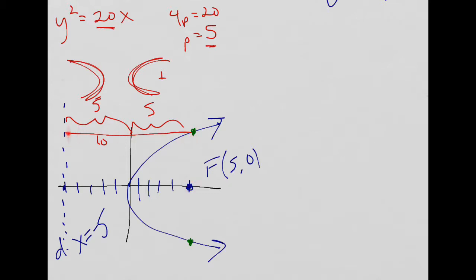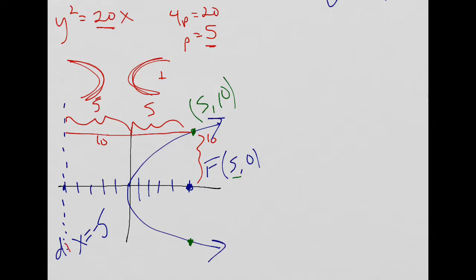So since that's 10 and I know what it is, I know that this guy is 10 as well. So if I wanted to put the coordinates of that point right there, I know it has the same x coordinate as that, so it's 5, comma, it's 10 up from the axis, so it's 5, 10. I could do the same thing down here with this other one.